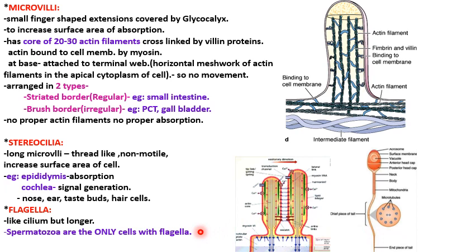And the flagellum is seen only in spermatozoa. Nowhere else in the body does any cell have a flagellum. The only structure with a flagellum is the spermatozoon, which in its future course loses it also.